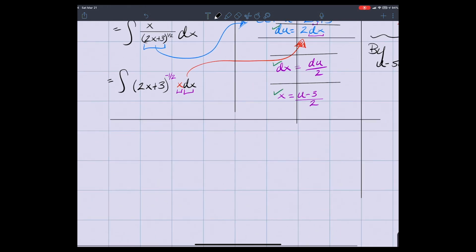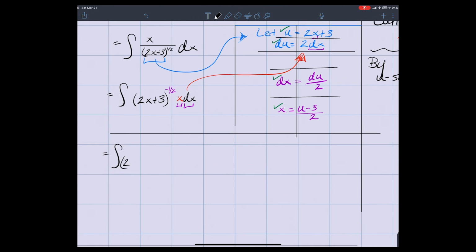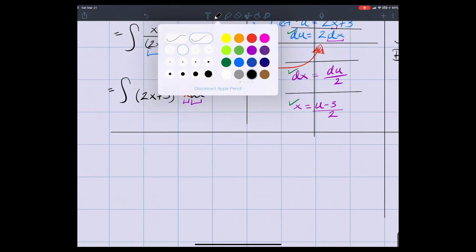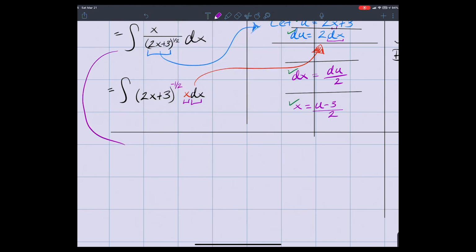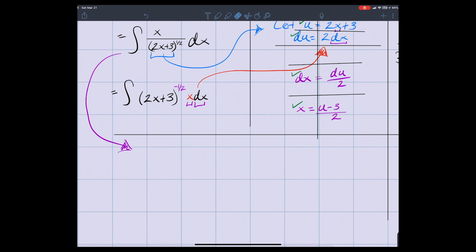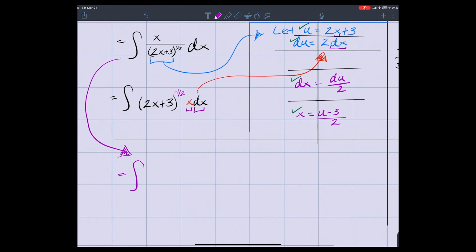Okay, let's just substitute. Now I'm going to substitute x into here, and that is going to be done using this equation because this is a little bit easier to work with. Otherwise you're going to be plugging things in, and it's going to get really messy really fast. I mean, you can, but I'd prefer not to deal with this right away. So using this, we're just going to say this is equal to the integral. X is equal to, what did we say x was equal to?